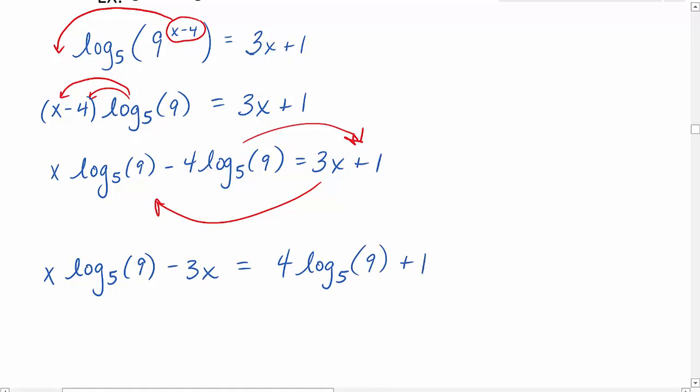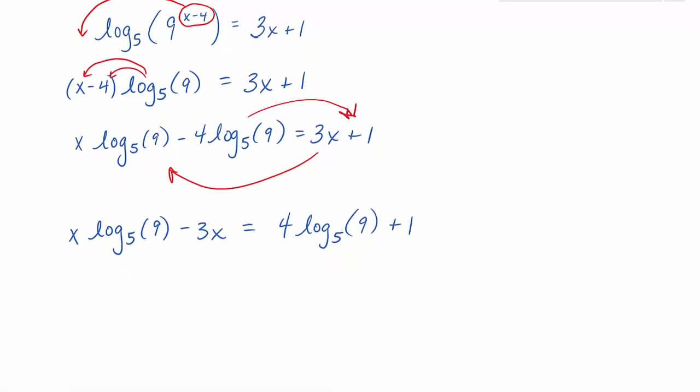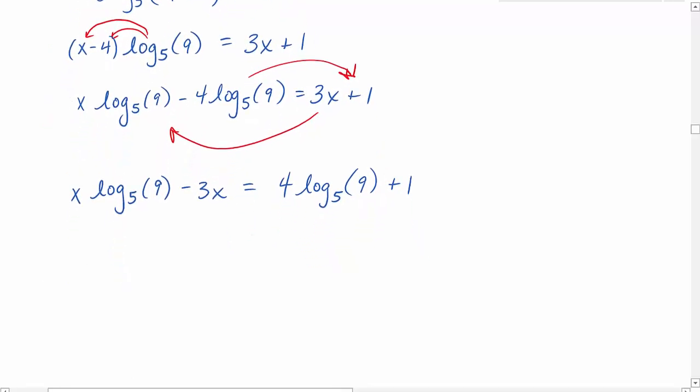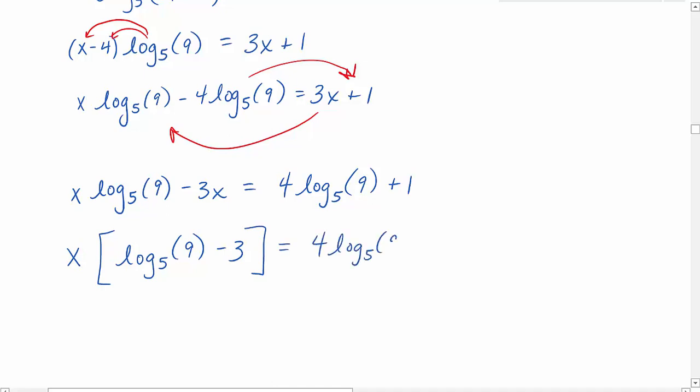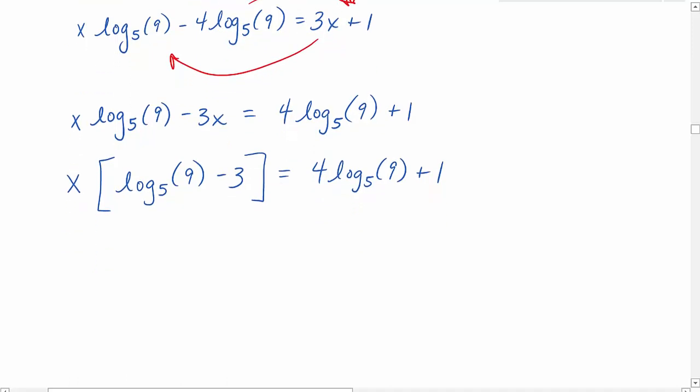Now we see that we have a common factor of x on the left-hand side, so we will factor that x out. When we factor it out, we're left with log base 5 of 9 minus 3 equal to 4 log base 5 of 9 plus 1. And then the last thing we'll have to do here is divide both sides by what we have in the parentheses.